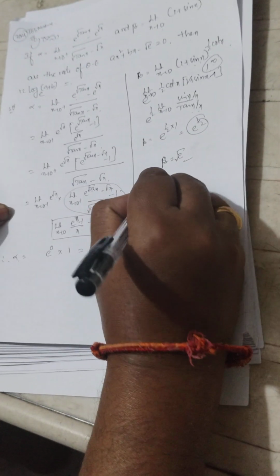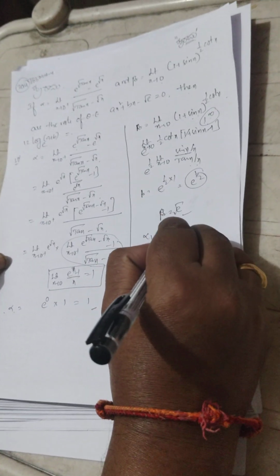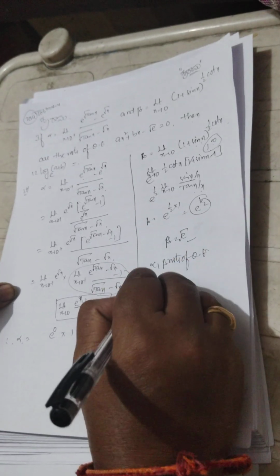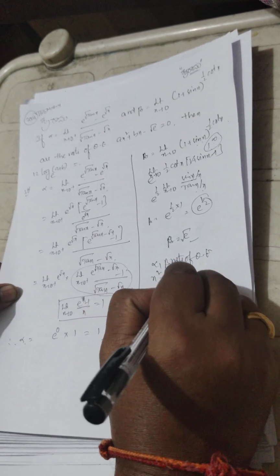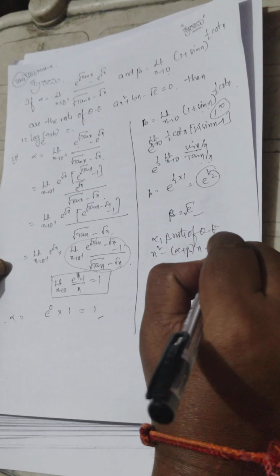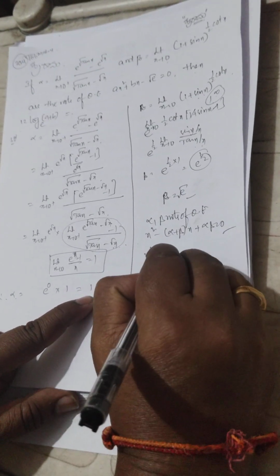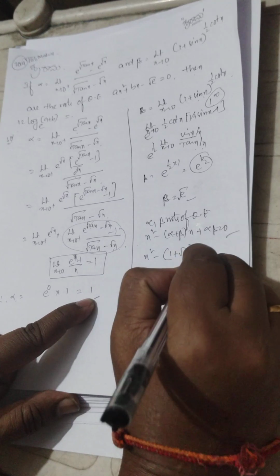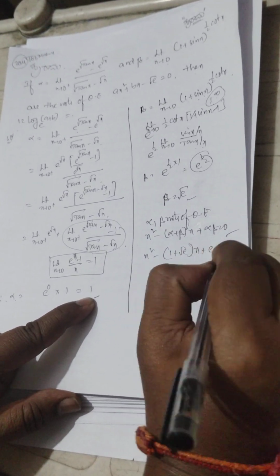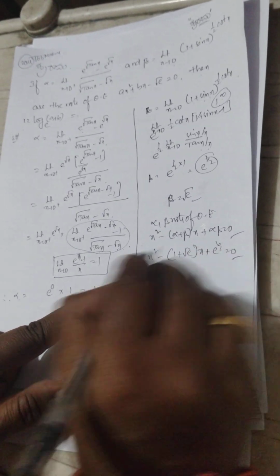Now alpha and beta are roots of the quadratic equation x square minus (alpha plus beta) into x plus alpha beta is equal to 0. By substituting, x square minus (1 plus root e) into x plus e power root e, that means e power 1 by 2, is equal to 0.